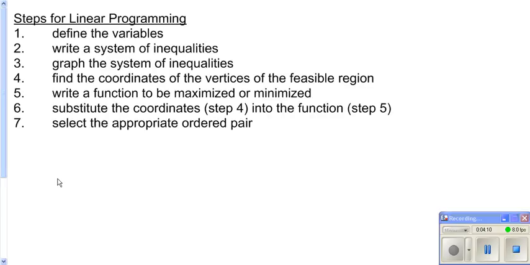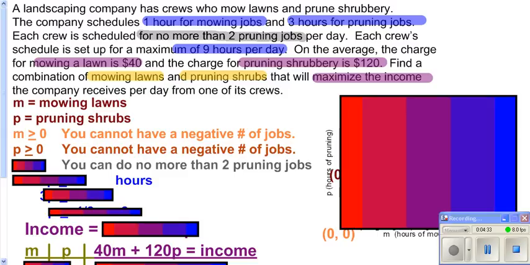You want to have your function that you want to maximize or minimize, which typically comes from your word problem. You then want to substitute your coordinates from your vertices in number 4 into your max and min, just like we were doing on the last problem. And then you want to find the ordered pair that's either the maximum or the minimum, depending upon your function.